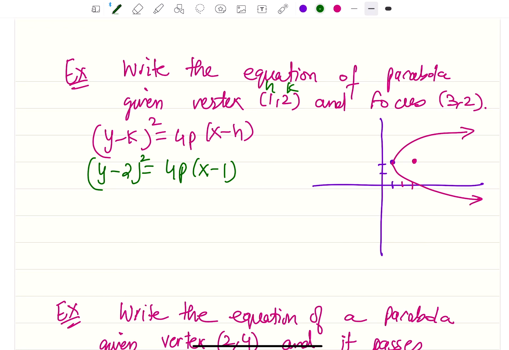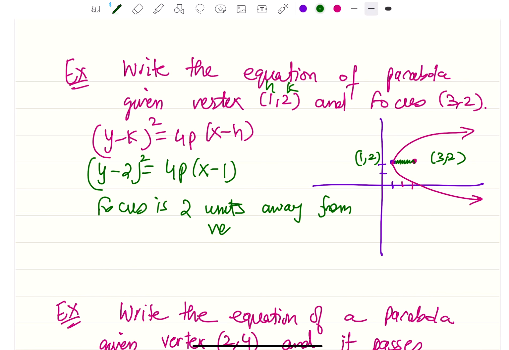Now we can see the focus here is how many units away from the vertex. The vertex is at 1, 2, focus is at 3, 2. So we can see focus is 2 units away from vertex.